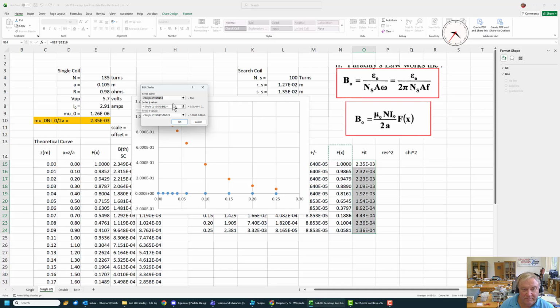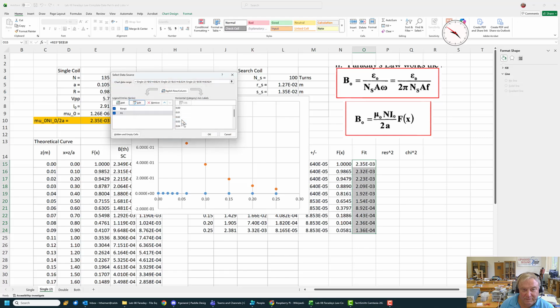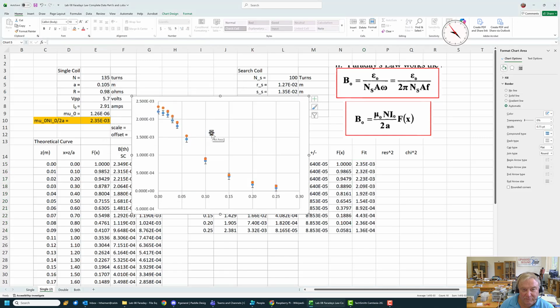So we have to change it to here. X values will stay the same. So we just have to change the Y values. And voila. Not bad, huh? Okay.